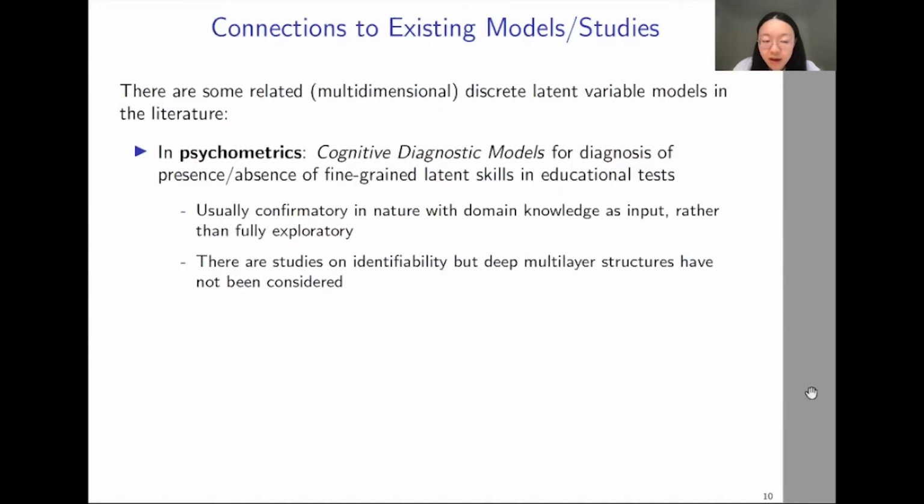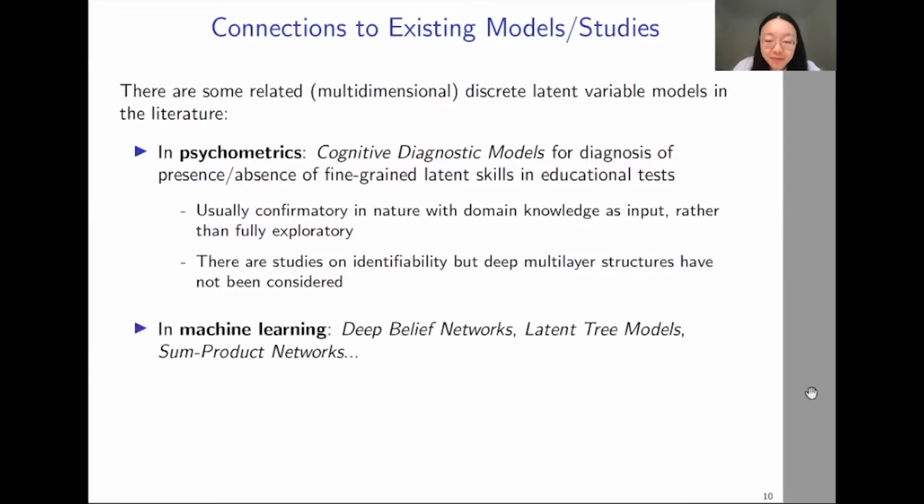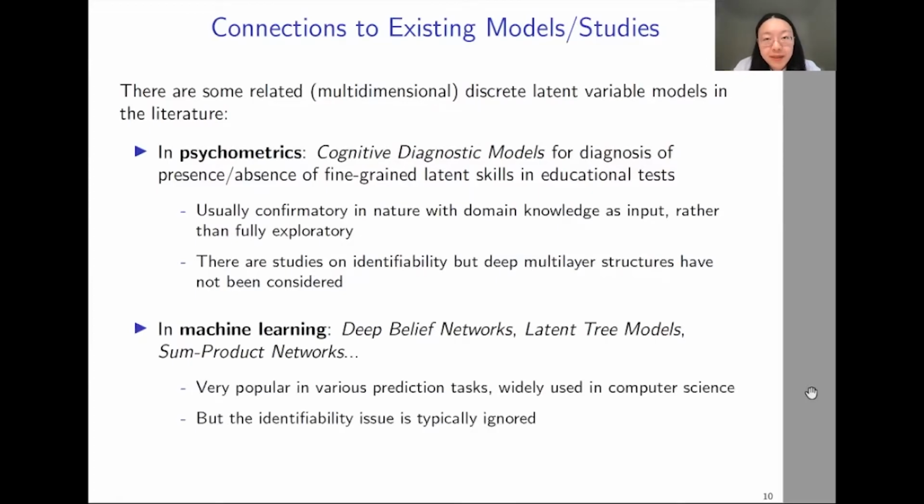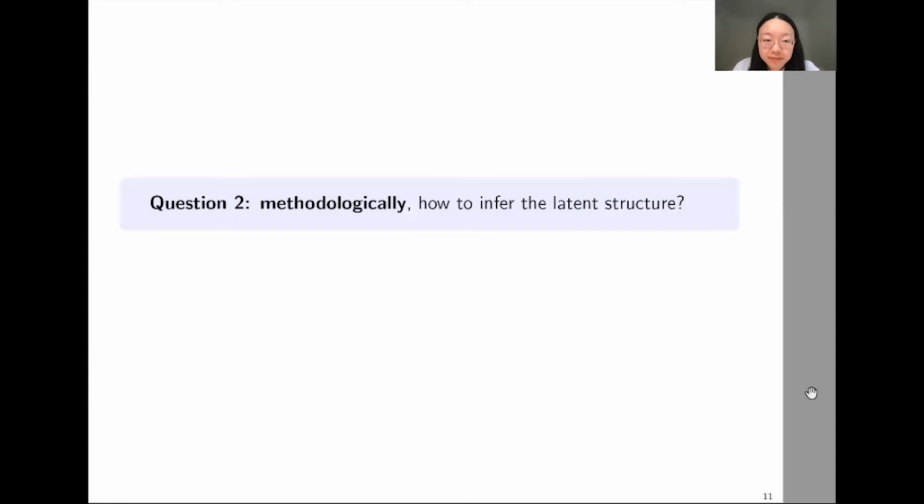Although there are some studies on identifiability, the deep multi-layer latent structures have not been considered. On the other hand, in machine learning literature, there have been some very popular and useful methods, such as deep belief networks and latent tree models. They are very popular and useful in various prediction tasks, but the identifiability issue is typically ignored.